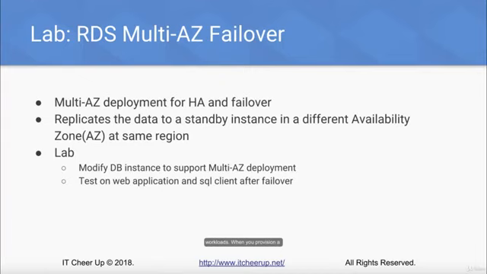When you provision a multi-AZ DB instance, RDS automatically creates a primary DB instance and synchronously replicates the data to a standby instance in a different availability zone. In this lab, we will modify DB instance to support multi-AZ deployment and simulate failover on DB from one AZ to another AZ.